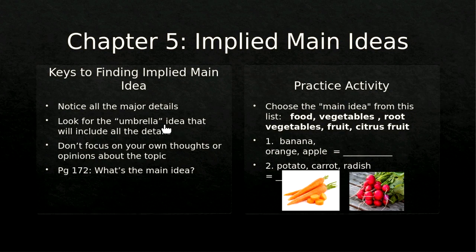And if we say citrus fruit, no, because only orange is a citrus fruit. Banana and apple are not citrus fruits. So we cannot use citrus fruit as a main idea. So remember that concept as you're reading through your paragraphs. Okay?